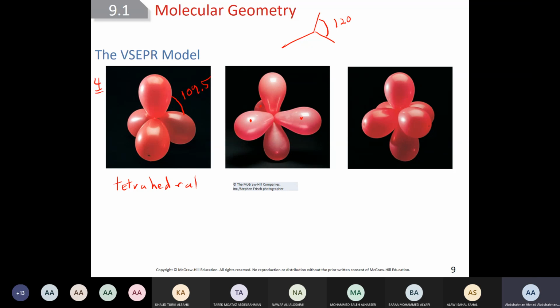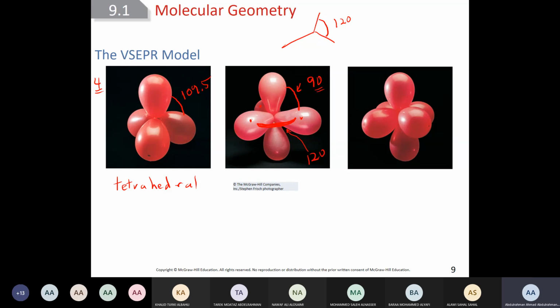So what's the angle here? 90. So we have 2 important angles. What's the angle between this one and this one? 120. This angle is 120 and this angle is 90.